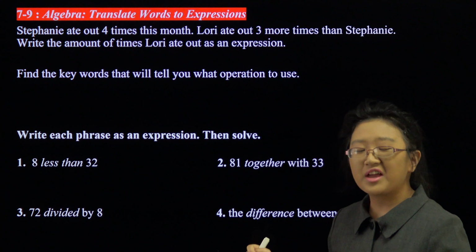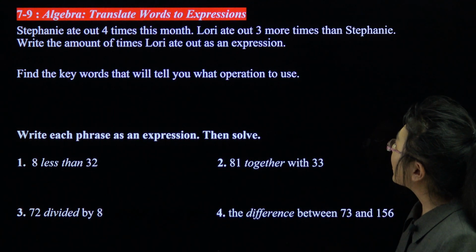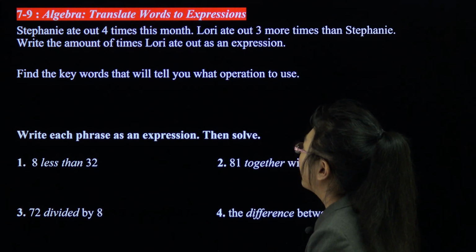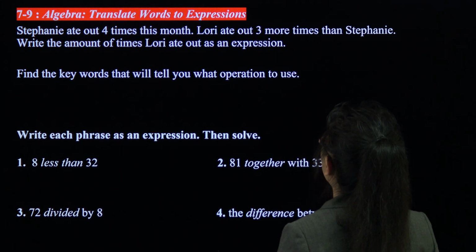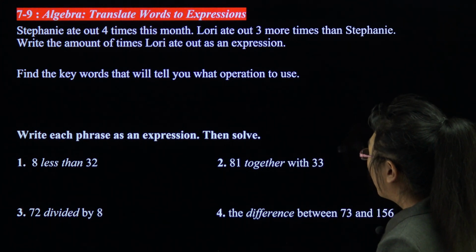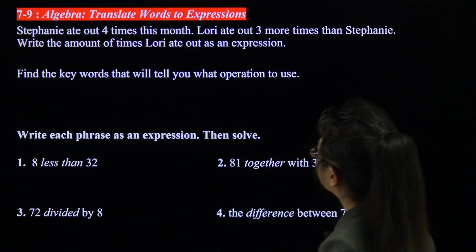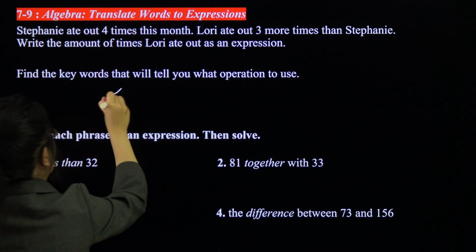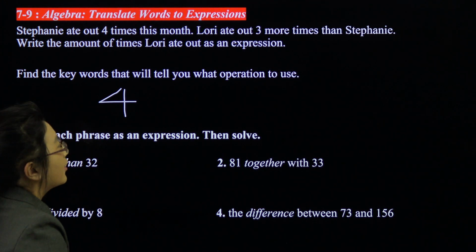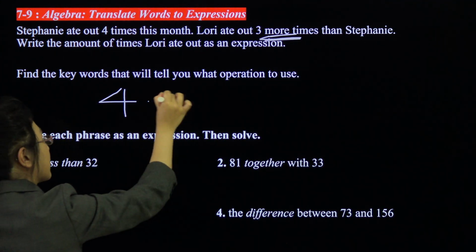Now this is something that you do in science a lot. Translating words to expressions. Stephanie ate out 4 times this month. Lori ate out 3 more times than Stephanie. Write the amount of times Lori ate out as an expression. So Stephanie ate out 4 times, and Lori ate out 3 more times, which means that it's addition.